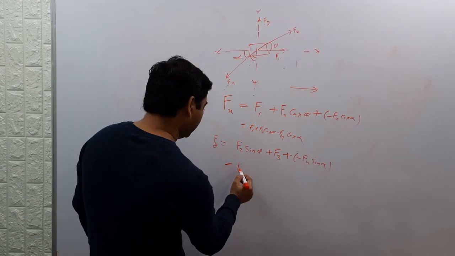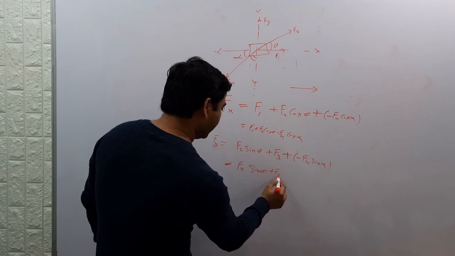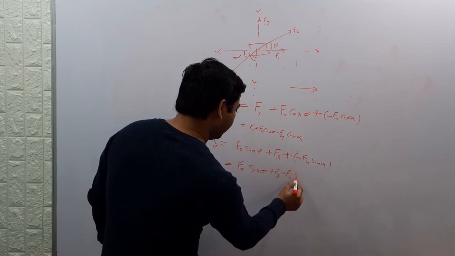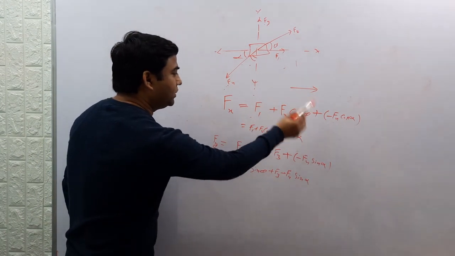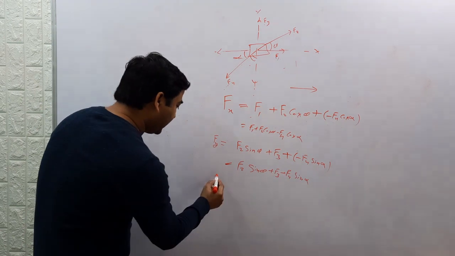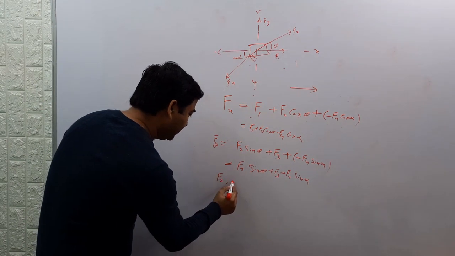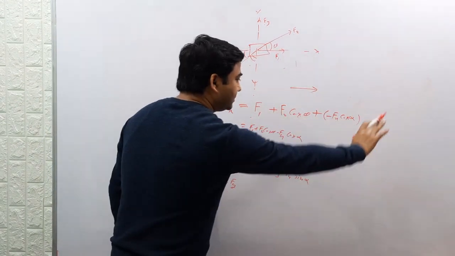So this will be F2 sin theta plus F3 minus F4 sin alpha. The magnitudes of F1, F2, F3, F4 are given and these angles are given. We can find Fx and Fy by algebraic addition.